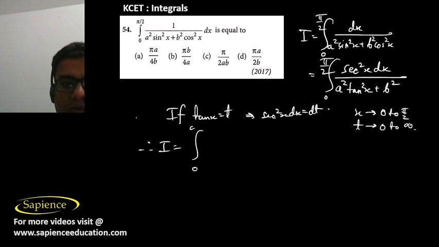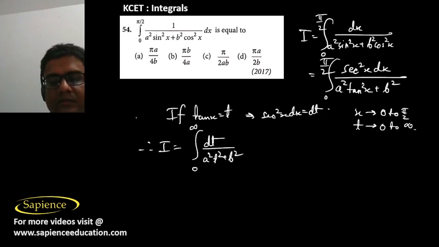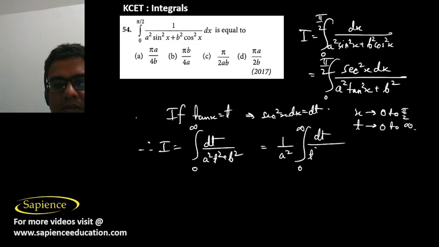It will go from 0 to infinity dt by a square t square plus b square. So here we can take a square outside, so 1 by a square into integral 0 to infinity dt by b square plus (b by a) whole square.